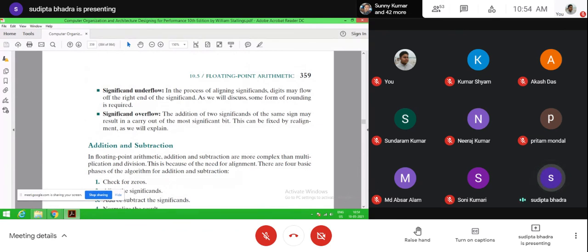Significant underflow means that in the process of aligning the significant, a digit may flow off the right end of the significant. Say the number is 0.110001.